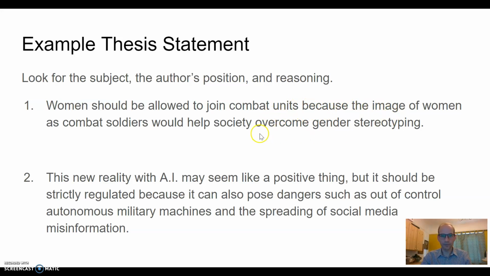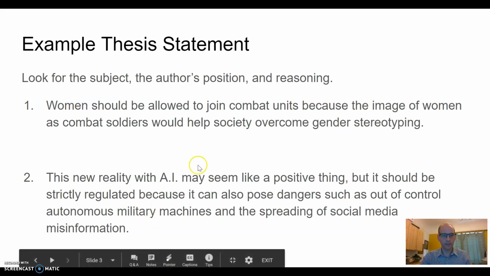So this clause here gives us the reasoning or the rationale why our author thinks that women should be allowed to join combat units. And that reason is the image of women as combat soldiers would help society overcome gender stereotyping. So there's the reasoning or the rationale for allowing women to join combat units.